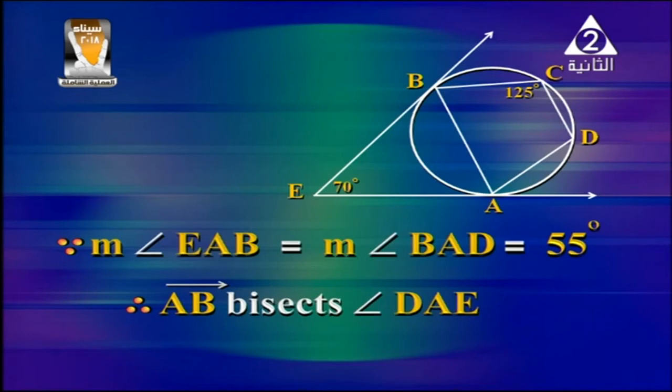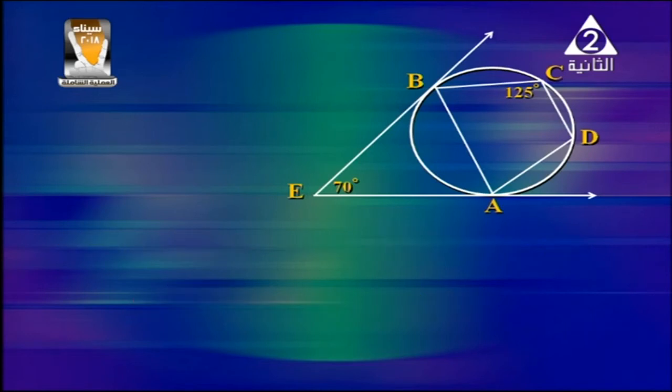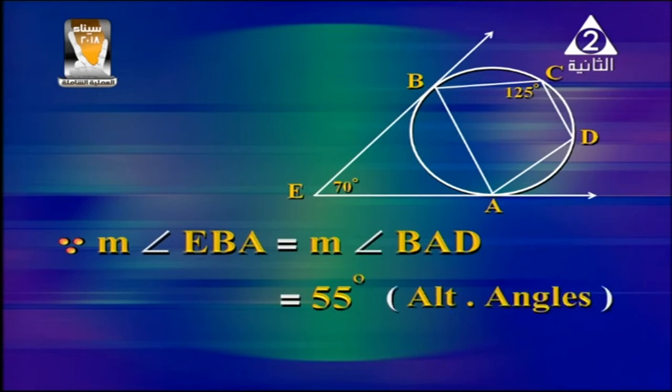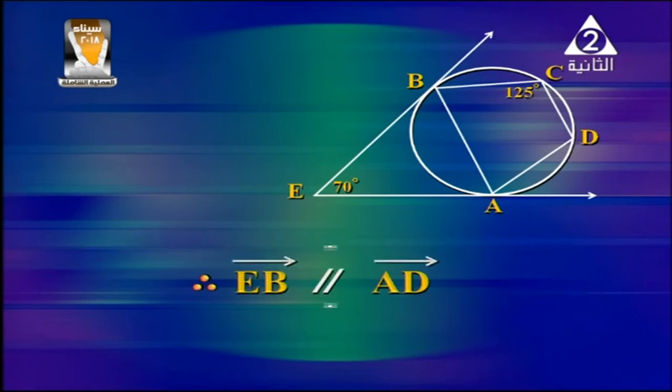You are going also to notice that measure angle EBA equals measure angle BAD equals 55 degrees, as they are in alternate position angles. So we can say that EB is parallel to AD.